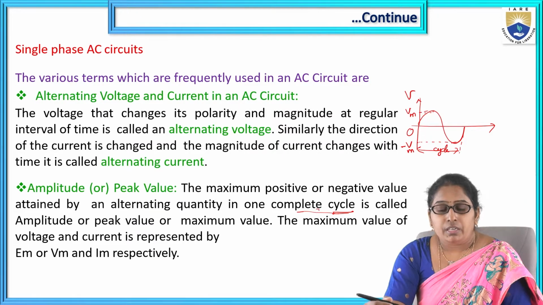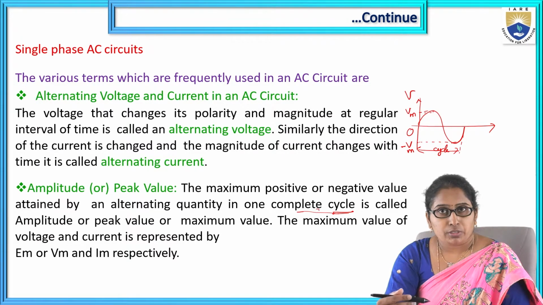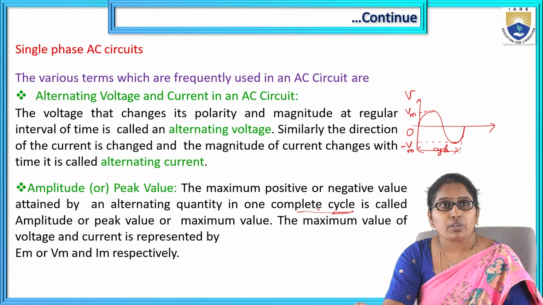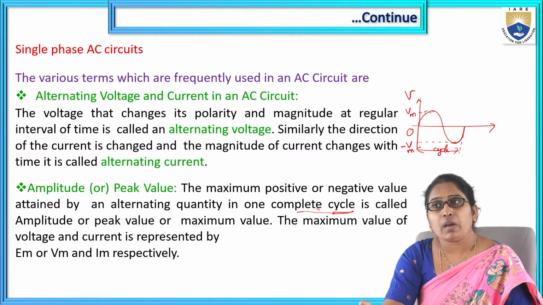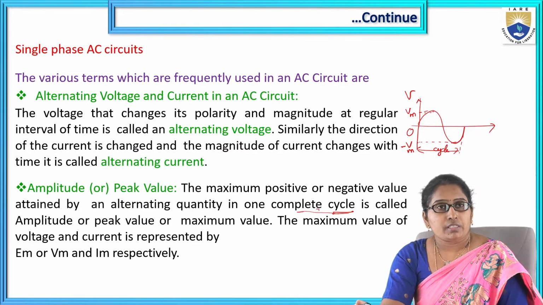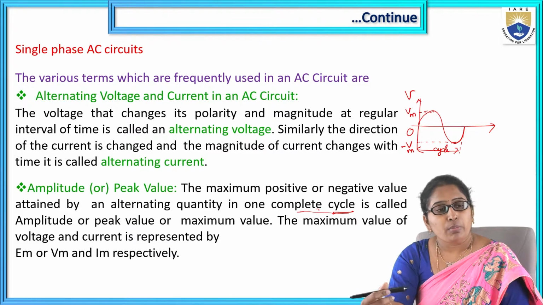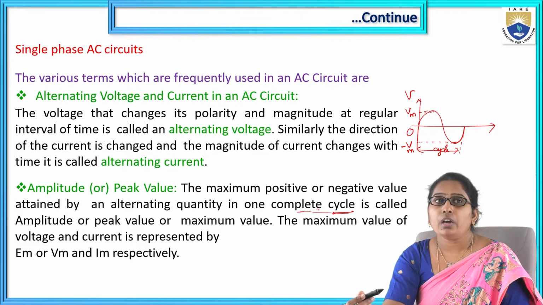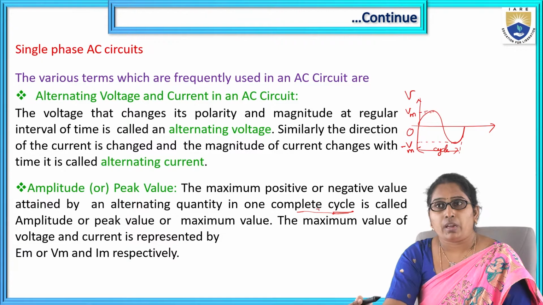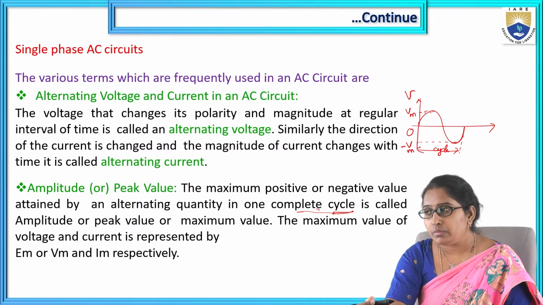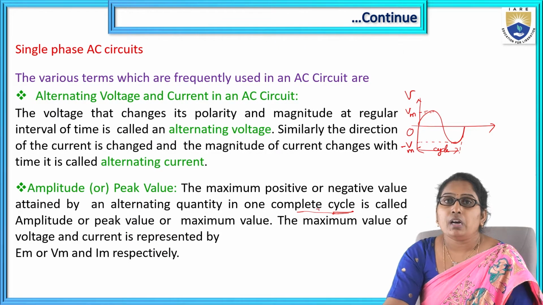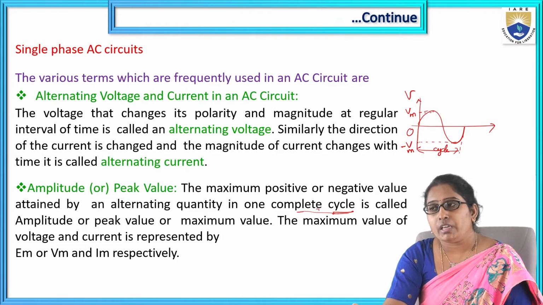Coming back to peak value: it is the maximum positive or negative value attained by the alternating quantity in one complete cycle.